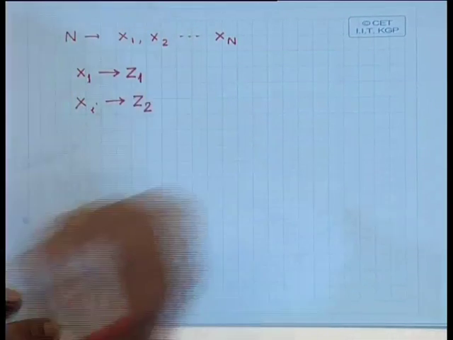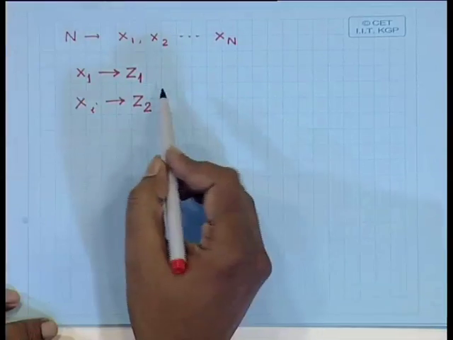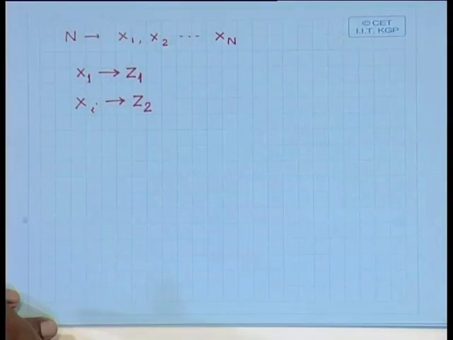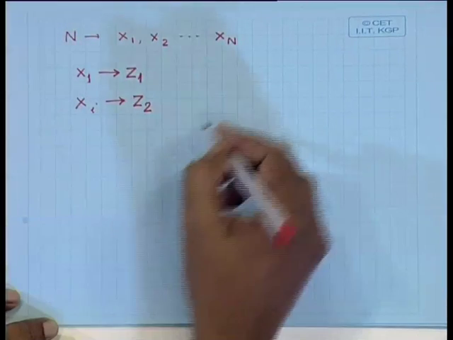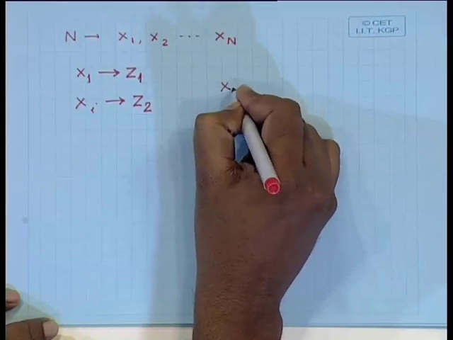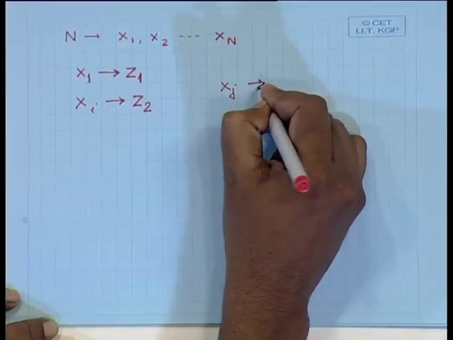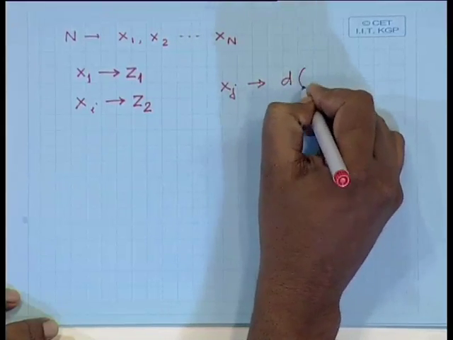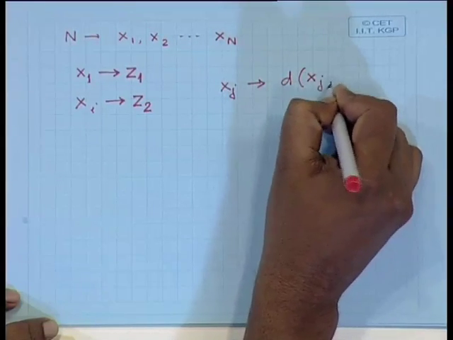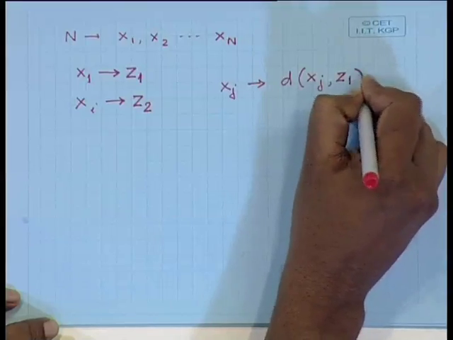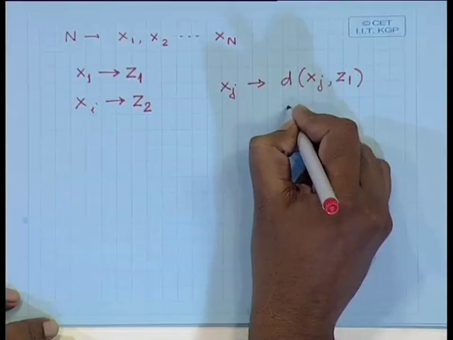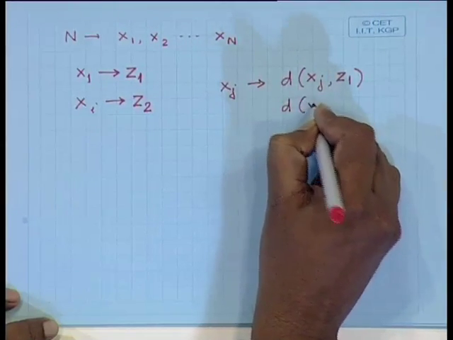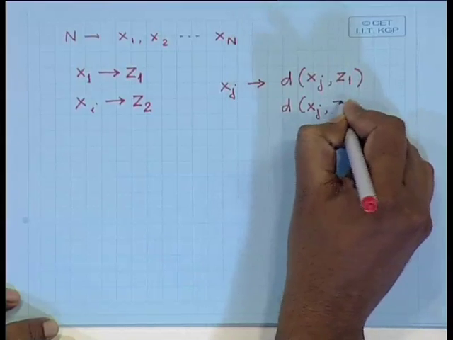Now, given these two cluster centers, you try to find the distances of all other feature vectors from these two cluster centers. So, given any other point, say x j, I want to find the distance between x j and z 1. I will also find the distance between x j and z 2.